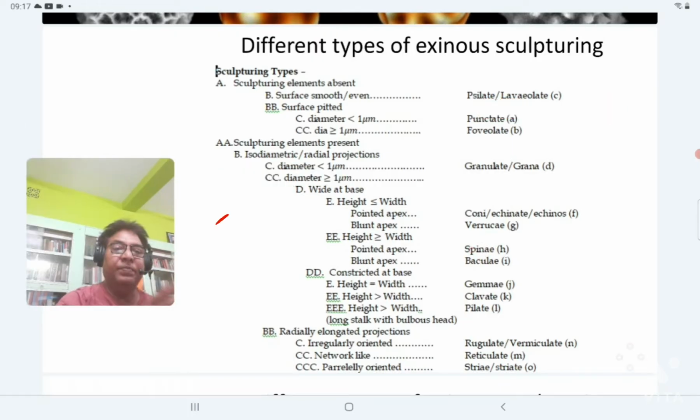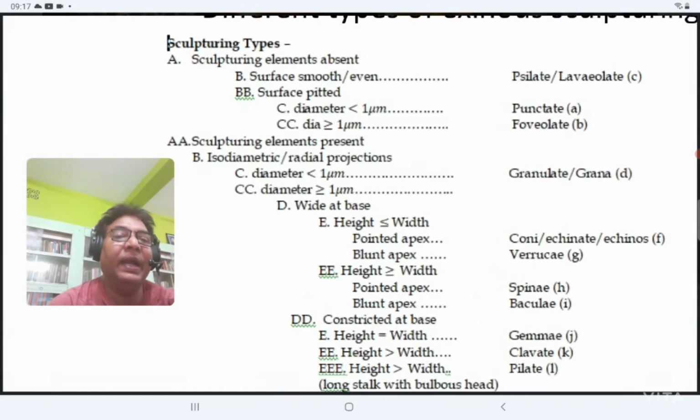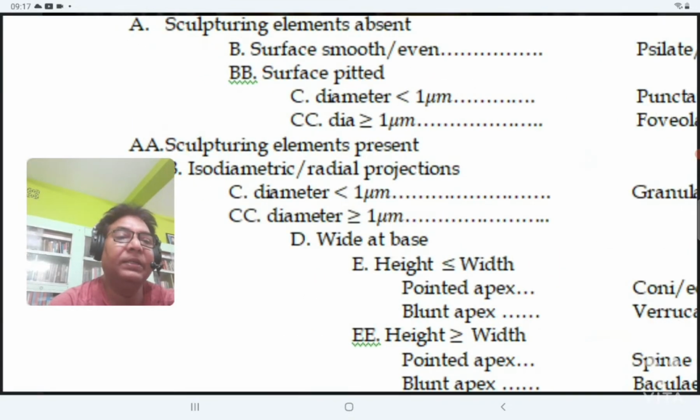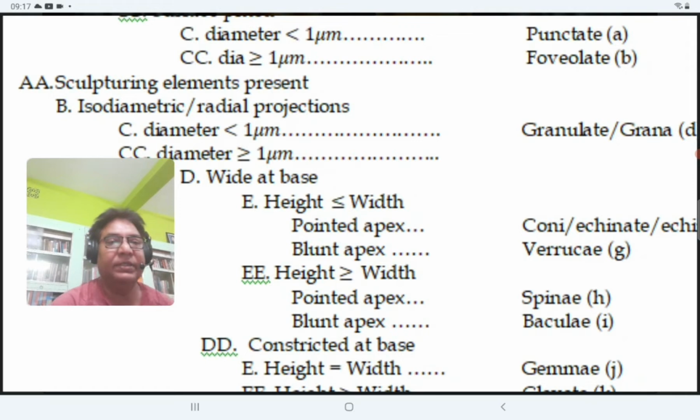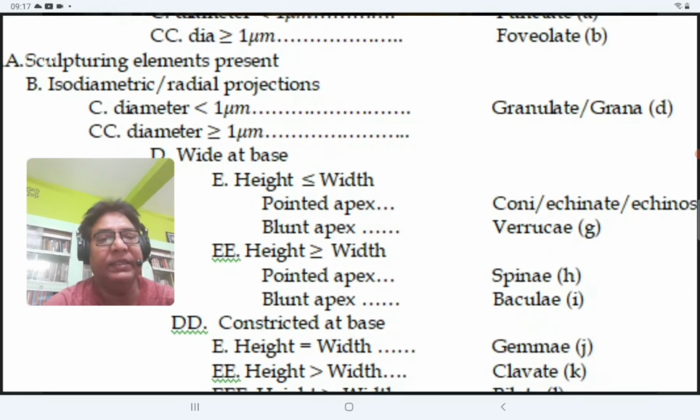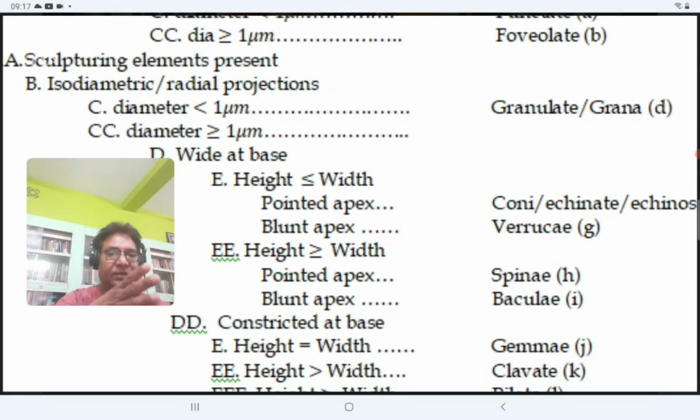Then comes the base is wider and tip is narrower. Or tip is wider, base is constricted. So these two categories. Within them, then comes the height, the E and double E or triple E that has been mentioned. So when wide at base, height less than or equal to width, in that condition the height is lesser than the width.